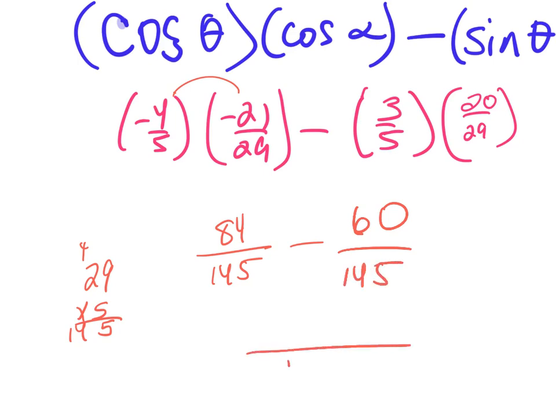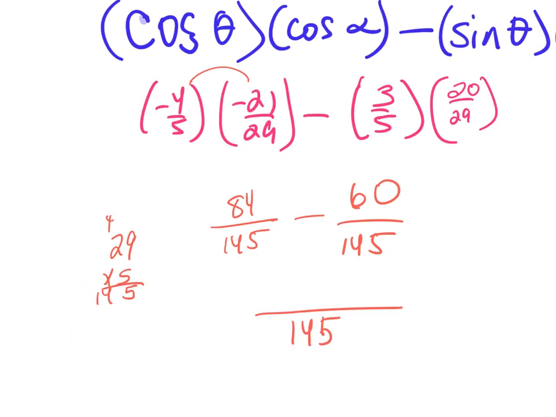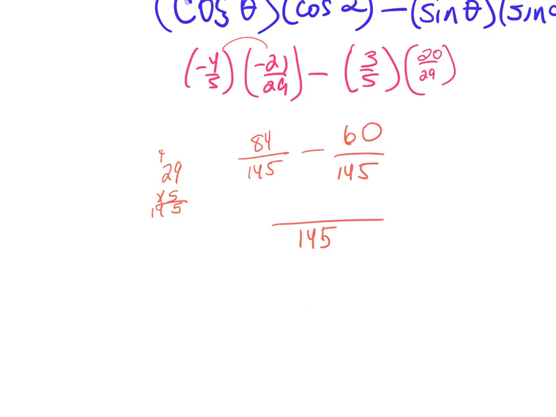Denominator should be the same. So simplify. What's 84 minus 60? Look, 84 minus 60. 4 minus 0 is 4. 8 minus 6 is 2. So it's 24 over 145.